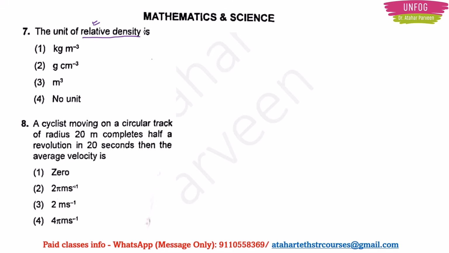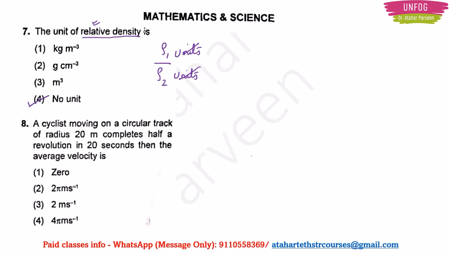So when you take the ratio of one density to another density, then whatever the units will be there, it will be same in numerator and denominator, right? So they will get cancelled, right? So even if you don't know the unit of density, then also those two units will get cancelled and your relative density will not have any unit. So remember, there is no unit for relative density.